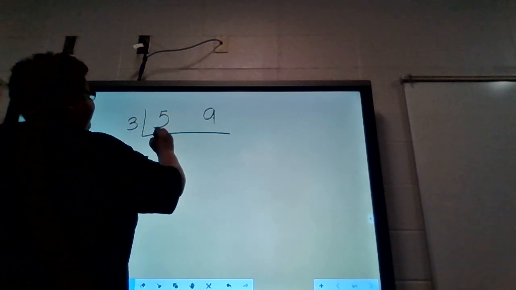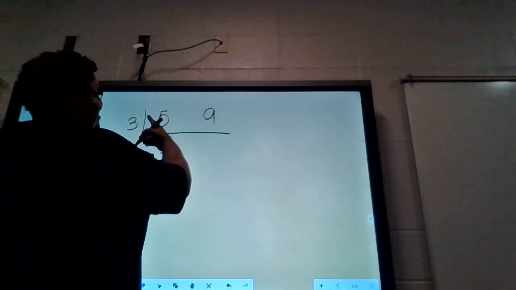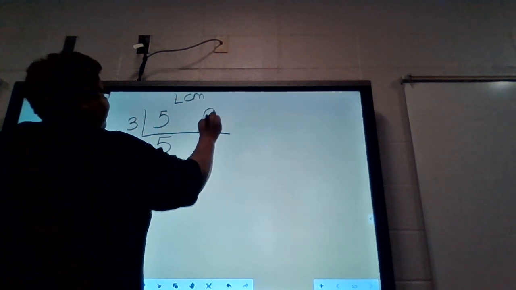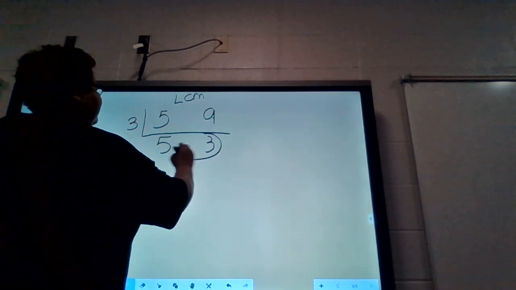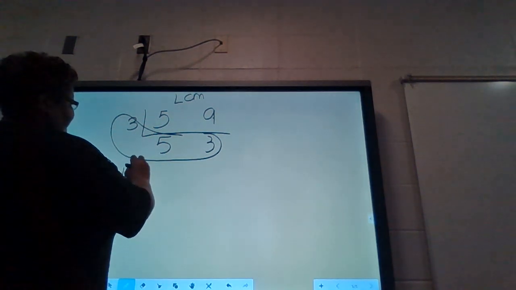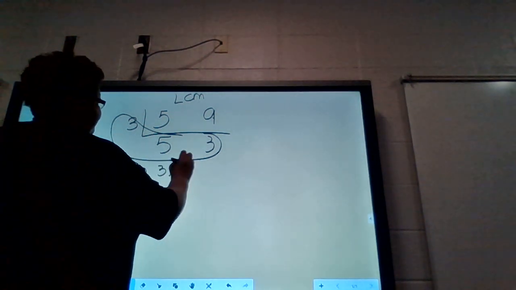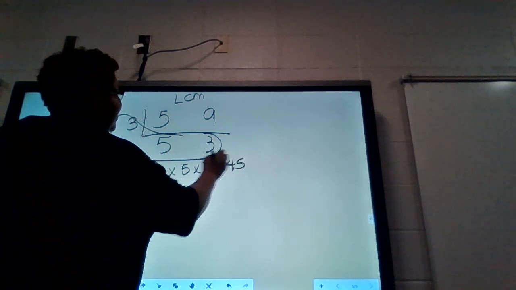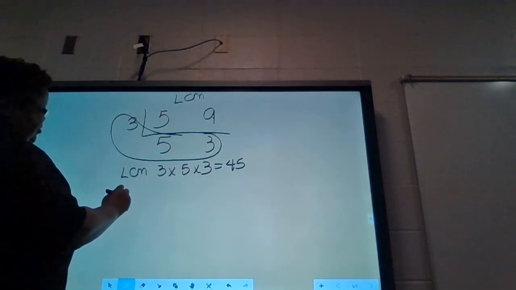So I'm going to pull my 5 down because 3 doesn't go into it. Now this is for LCM. And then 3 goes into 9 3 times. That's my least common multiple, which is 45.